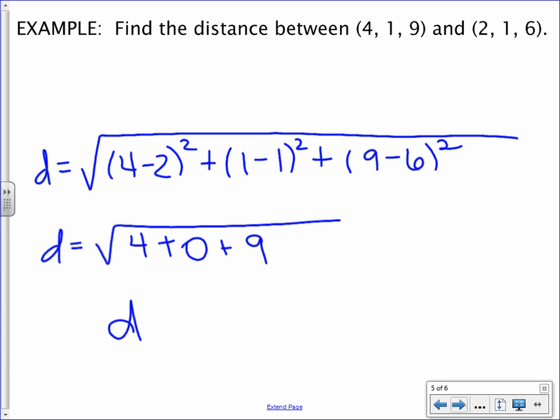So our distance is the square root of 13. Where are both coordinates? Octant number 1. Their x, y, z are all positive, so that would be an octant 1.